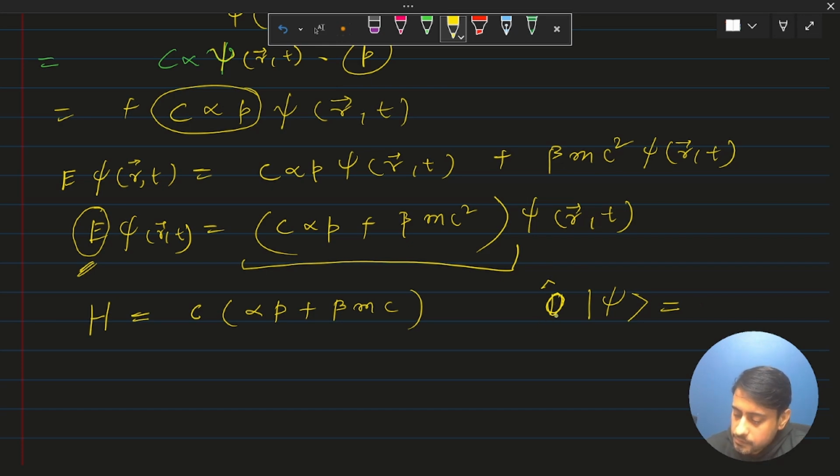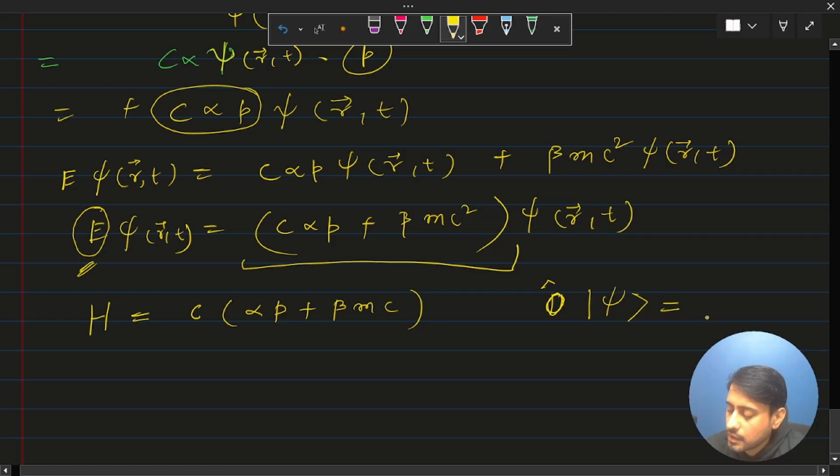So when this O acts on a wave function, it gives you some eigenvalue, which you can write as some E value, E psi.